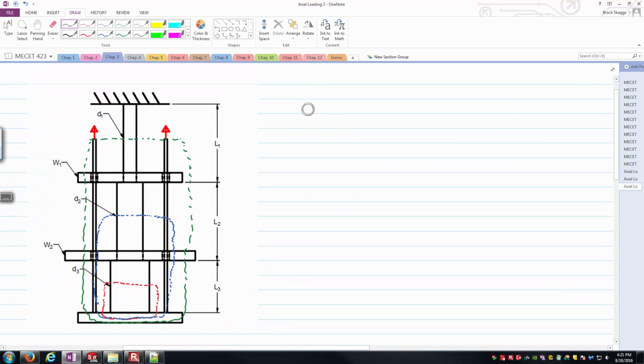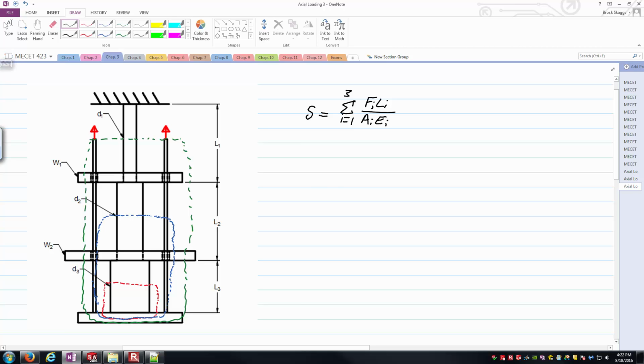We're going to have something along the lines of the overall amount of elongation or compression that we're looking at, which is equal to the displacement of the green plate, which is equal to the summation from i equals 1 to 3 of Fi Li over Ai Ei.